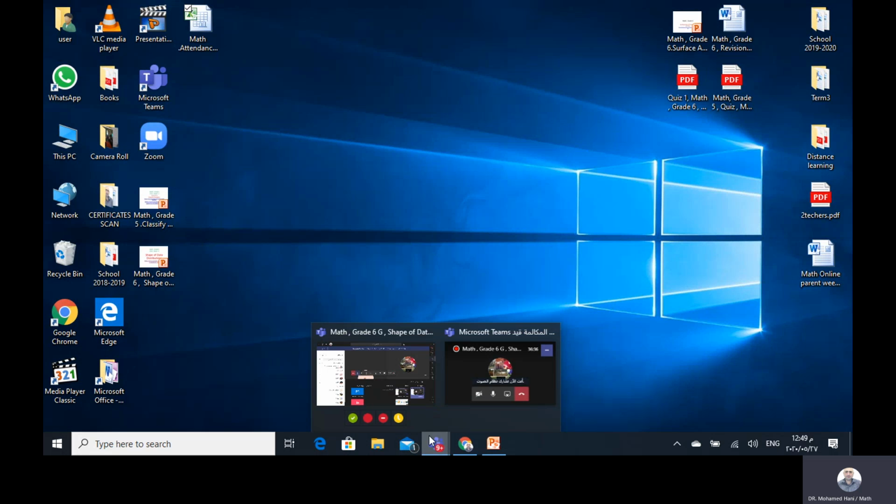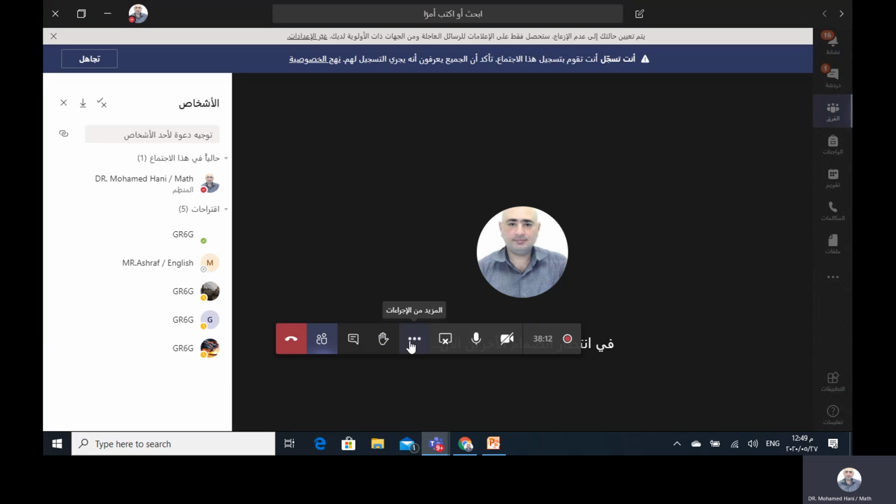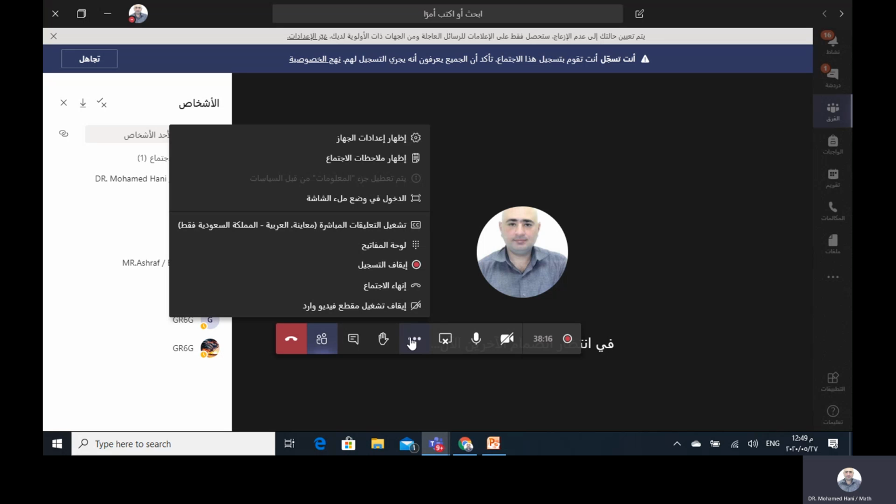So this is our lesson today: how to classify the shape to determine the distribution and the spread in the data, to know the center and the spread in the distribution data. So I want to remind you, we have two cases, symmetric shape and not symmetric shape.